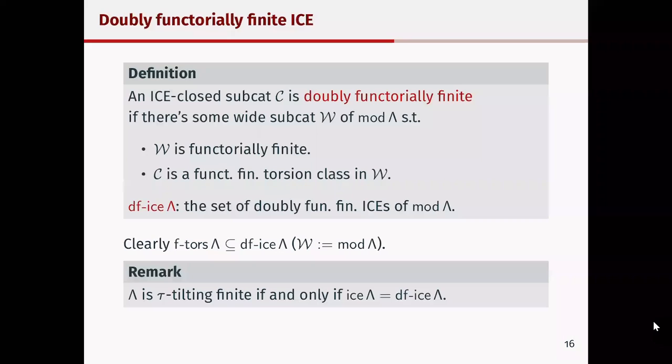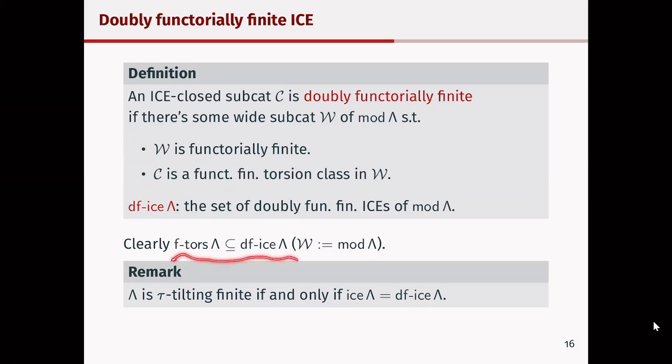And we denote by DFIs the set of doubly functorially finite ICE closed subcategories. It actually contains f-tors lambda, the functorially finite torsion classes, because if W is mod lambda, then W is functorially finite, and this condition is precisely that C is a functorially finite torsion class in mod lambda.